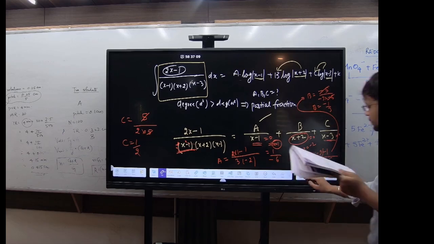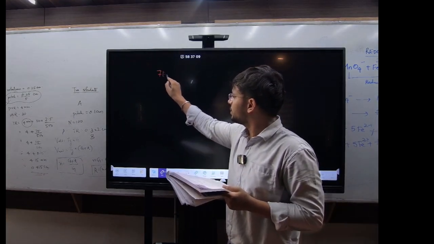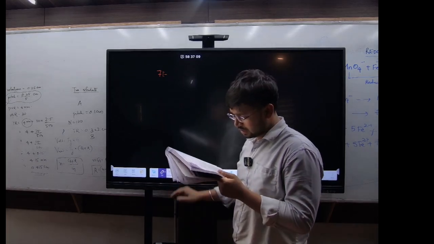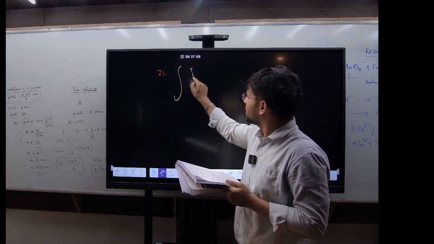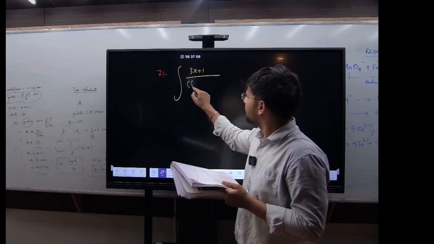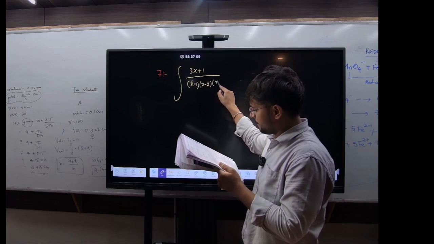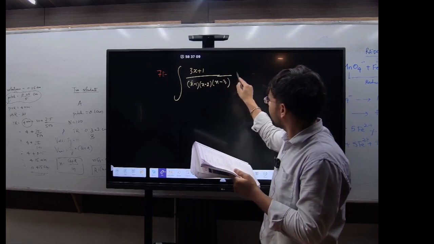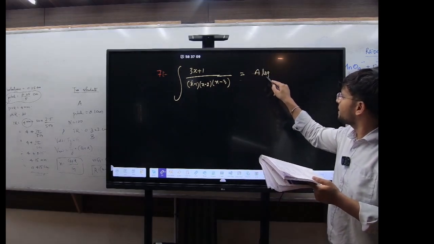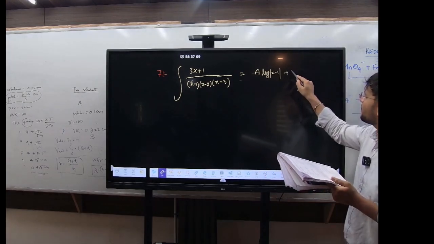Okay, I'll do one. 71. What is again given? Three x plus 1.